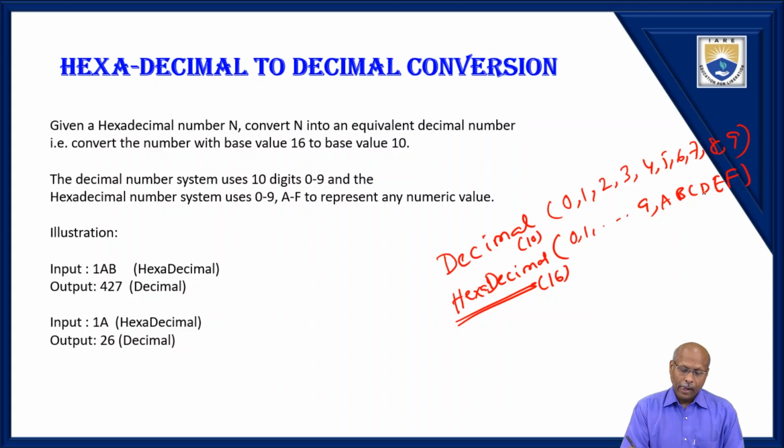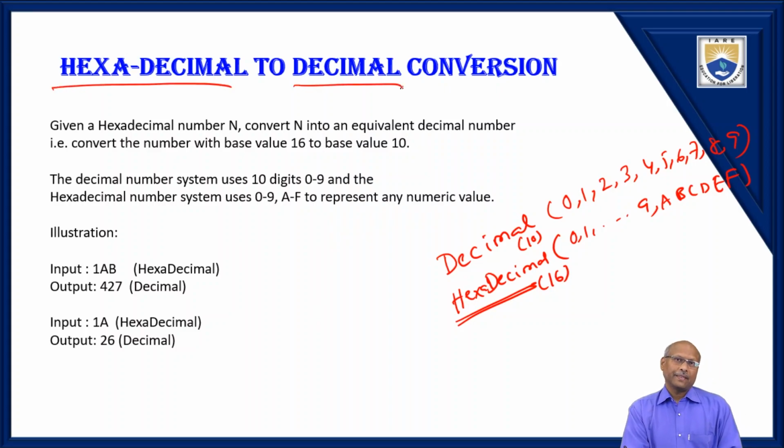So the decimal number system supports 10 different digits, whereas hexadecimal supports 16 different digits, 0 to 9 as well as A to F. So now the given question is what? Convert hexadecimal to decimal. You have to read one hexadecimal value and convert it into the equivalent decimal number.